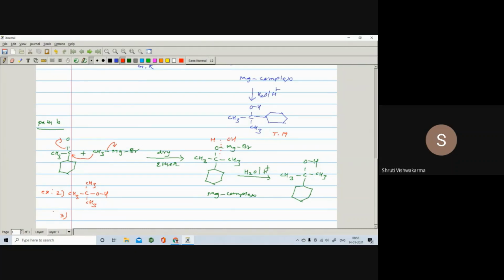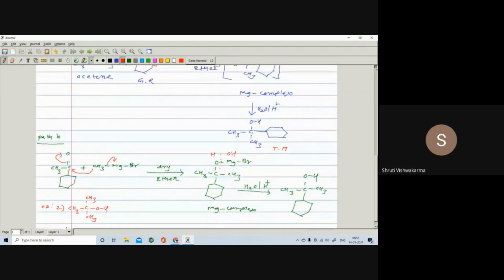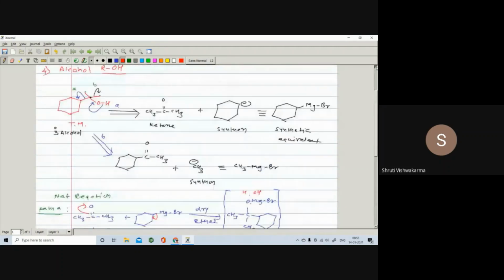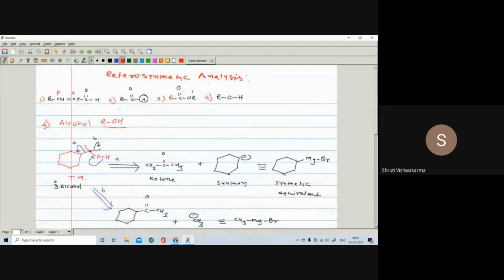So these are the disconnections of primary alcohol, secondary alcohol, and tertiary alcohol. So check yourself again the more examples from your question paper, and we can write down their disconnection or disjunction. So this is your example, that is your alcohol.